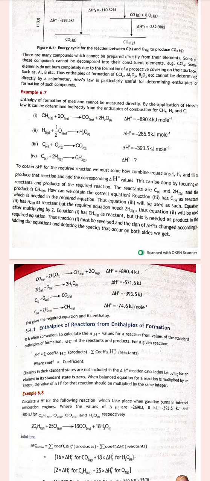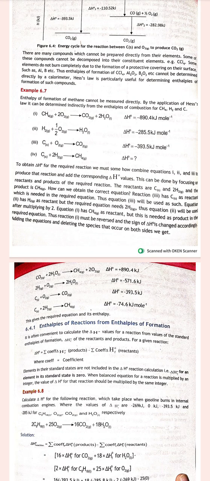Now we have another example in which 4 different equations are given. The enthalpy of formation of methane cannot be measured directly, but by the application of Hess's law it can be measured indirectly from the enthalpies of combustion of CH4, H2 and C, which is carbon.